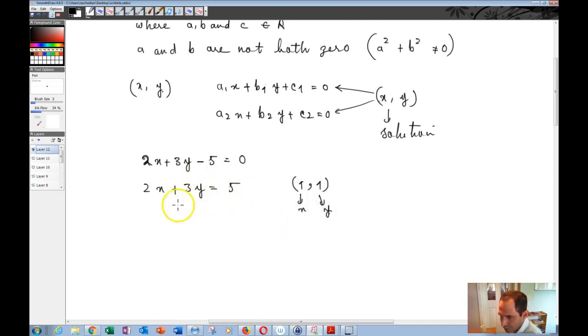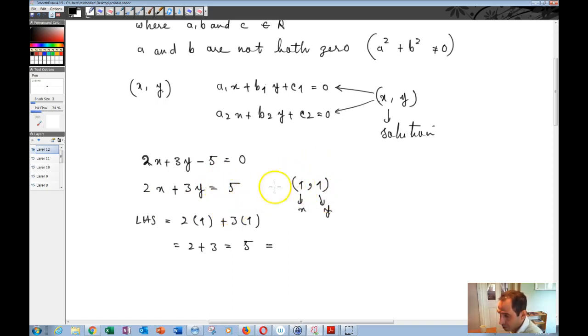The left hand side of this equation would be 2 times 1 plus 3 times 1, which is 2 plus 3, which is equal to 5.